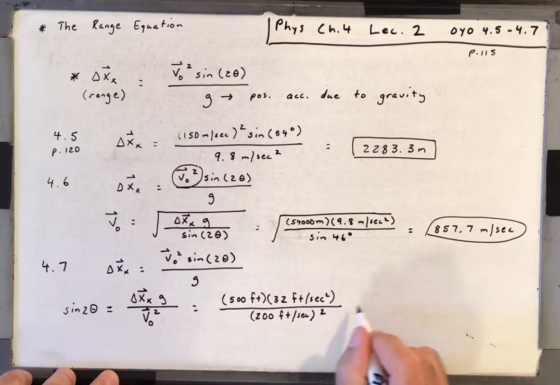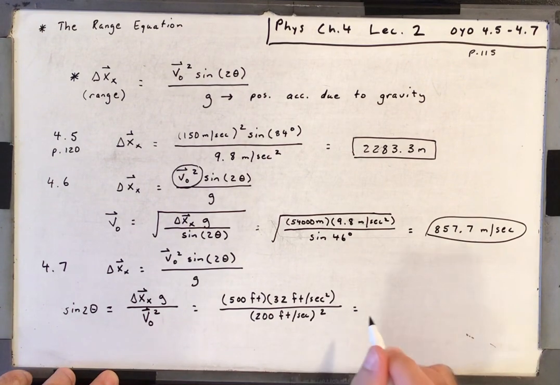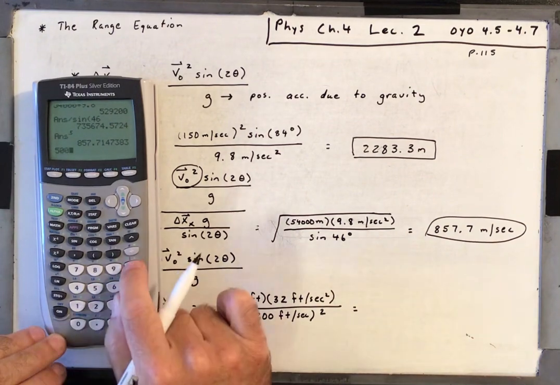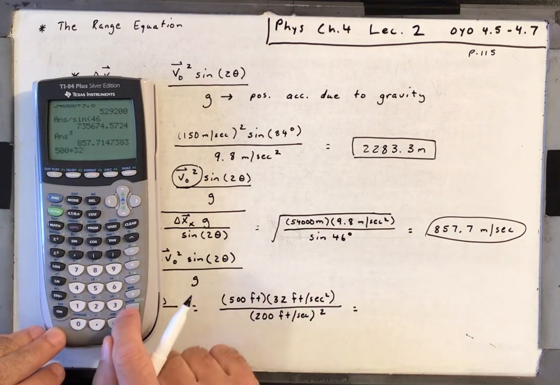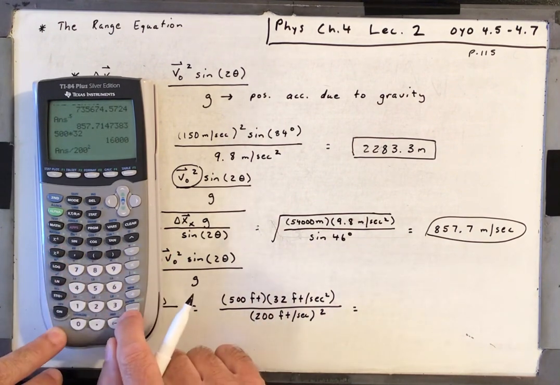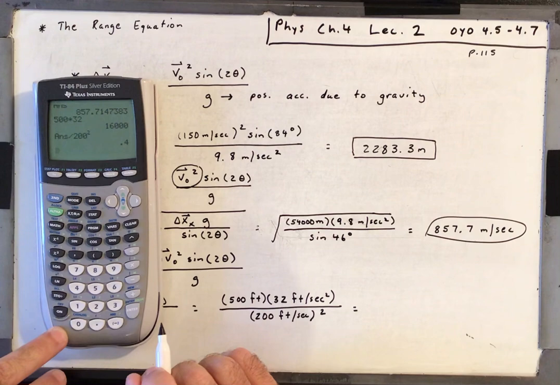Don't forget to square that. All right, so putting this in your calculator, we've got 500 times 32. And then divide that by 200 squared. And it is 0.4.